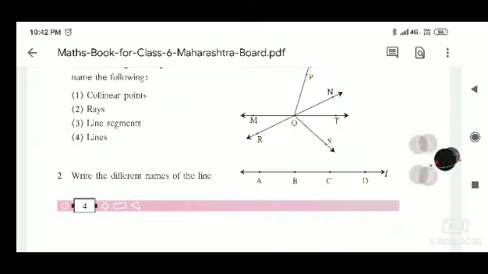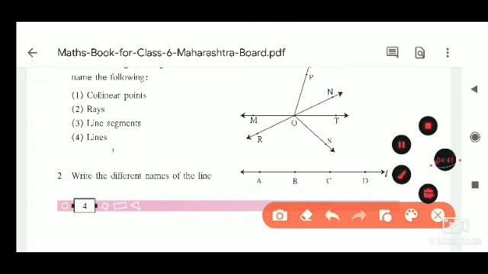Afterwards, we will see the next, that is the lines. Only 2 lines are here, and as per the definition of a line, it is never ending.